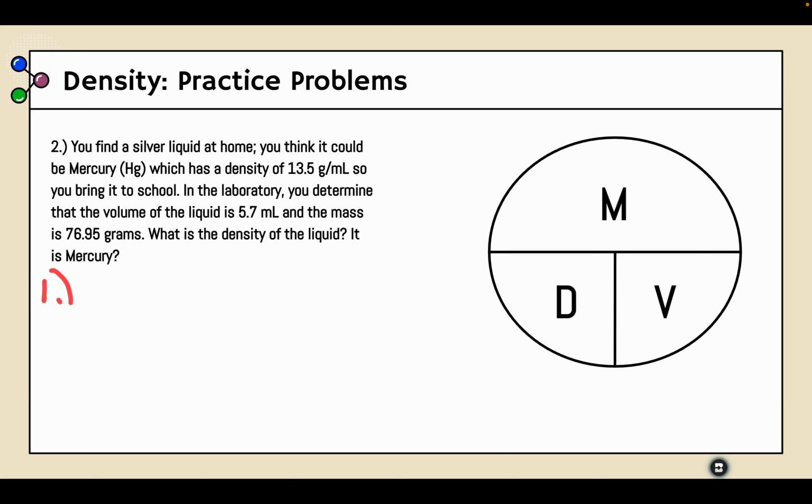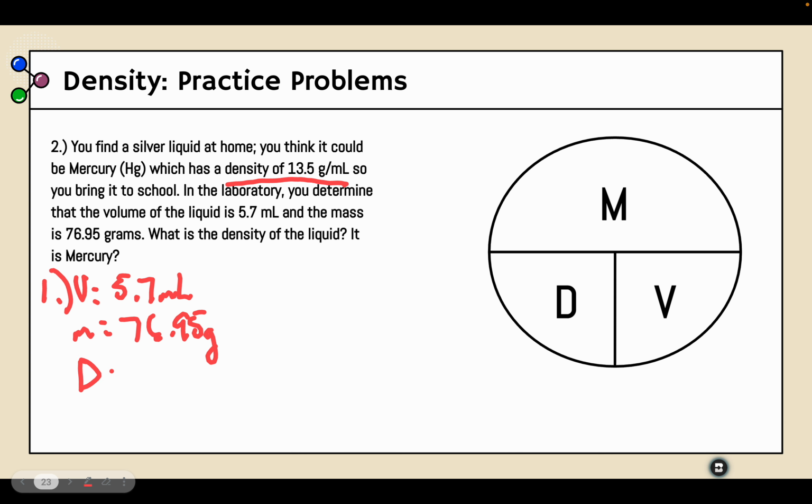So for my first step, I always write what I'm given. So the volume, 5.7 milliliters, and the mass is 76.95 grams. Now it tells us what the density is, but we're trying to identify if this is mercury. So I'm going to leave this blank to determine whether it is mercury or not. So I'm going to try to find density again.